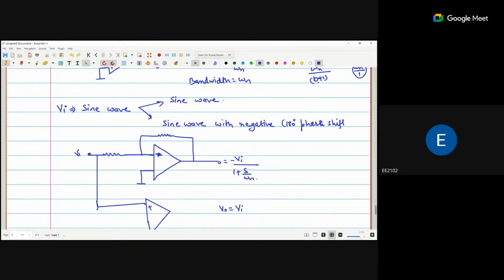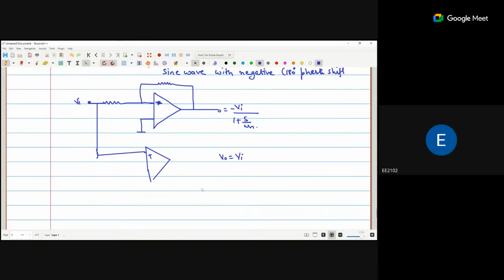So this becomes plus, grounded, R. Now here, V out is nothing but Vi into 1 plus S upon omega n by 2, and here also we are getting S upon omega n by 2.